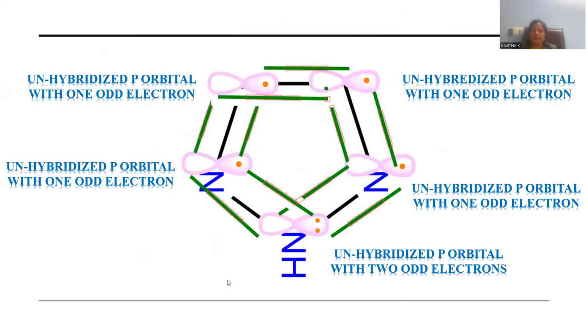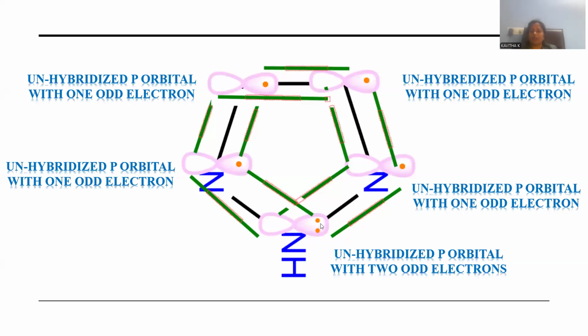And if you want to observe the pi orbital overlapping among the lobes of p orbitals, unhybridized p orbitals always take part in this pi bond formation. Each p orbital of the ring system is accompanied by an odd electron.